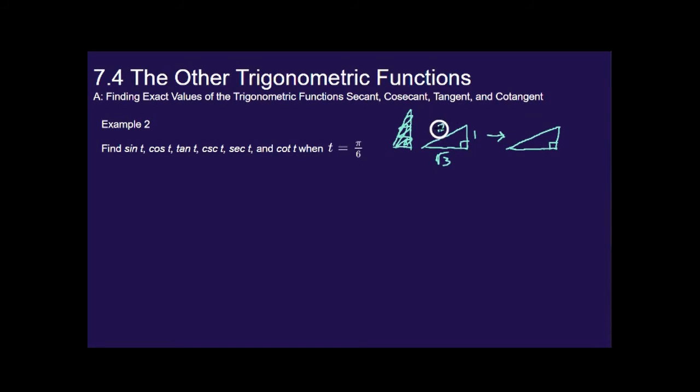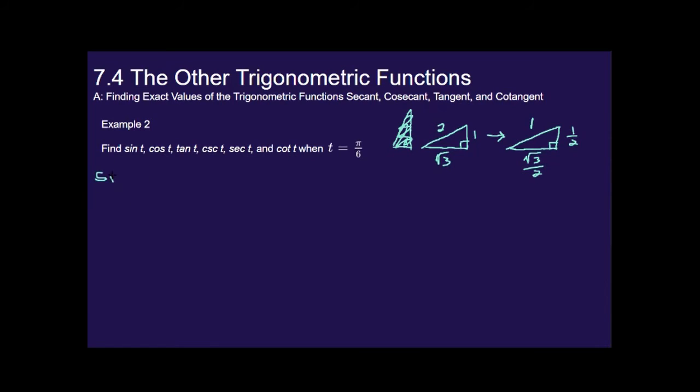That gives me 1. Divide this by 2. That gives me 1/2. Divide this by 2. That gives me square root of 3 over 2. Okay, so these are the values of my x, my y, and my hypotenuse for when t is pi over 6. Now I'm going to use those values to find sine, cosine, tangent, cosecant, secant, and cotangent.